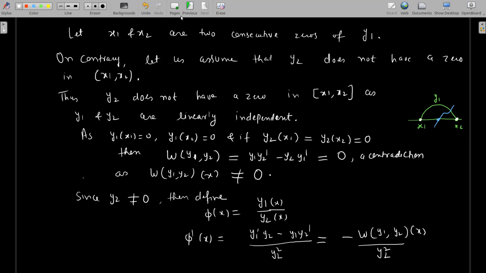लगा सकते हैं ना Rolle's theorem? What does Rolle's theorem say? There exists a point C so that phi dash C will be 0. यही कहती है Rolle's theorem.